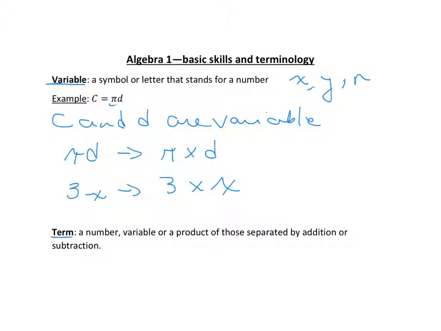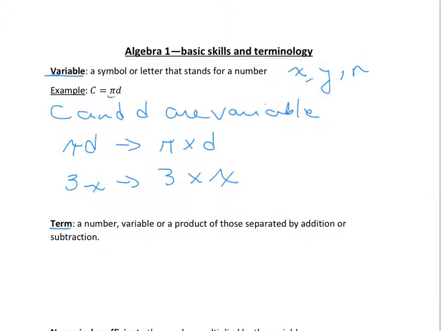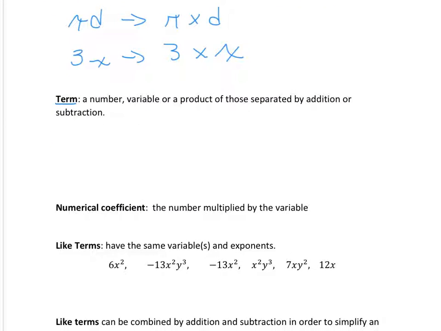So now let's look at what a term is. A term is a number, a variable, or a product of a number and a variable, and possibly more of them, separated by addition or subtraction. So I'm going to write down an expression for you, and then we'll look at the terms that are in it. So here's an expression, 5x plus 2xy minus 6.